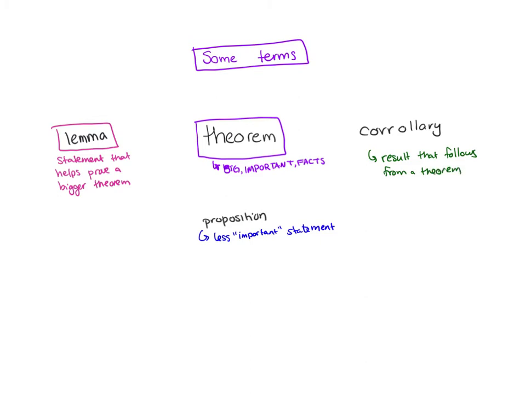Now, as I'm looking at this, I'm noticing that I spelled corollary wrong, so let's fix that. There's only one R in it. Don't want to mislead you. There we go. Whoops, now I've got two O's. Let's just rewrite the whole thing. C-O-R-O-L-L-A-R-Y, corollary. So it's going to come after a theorem.